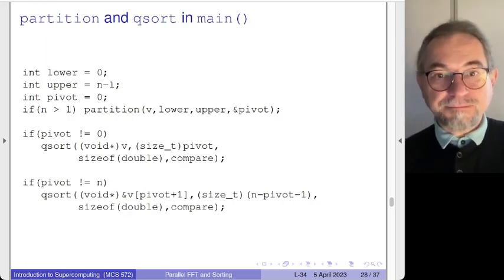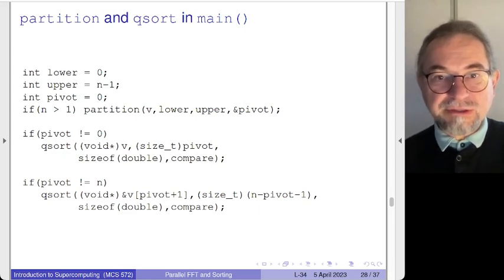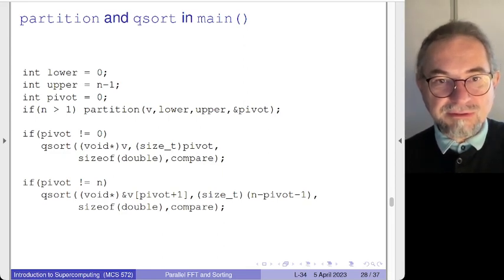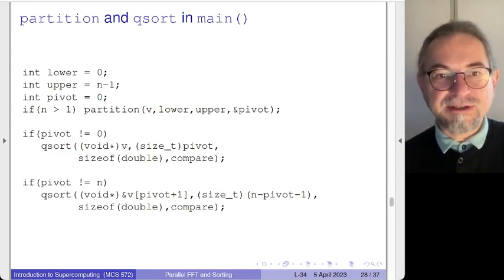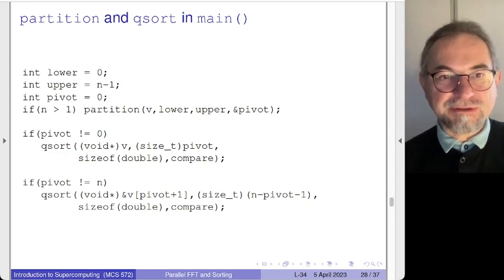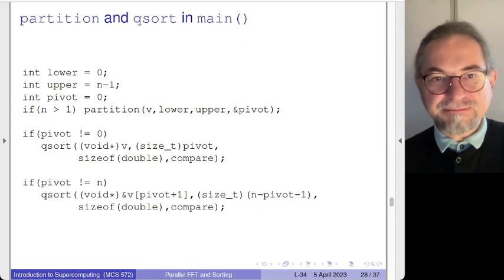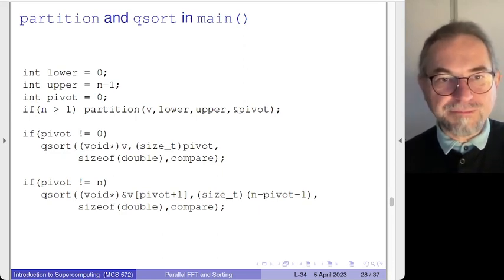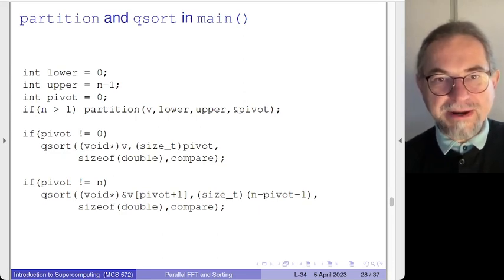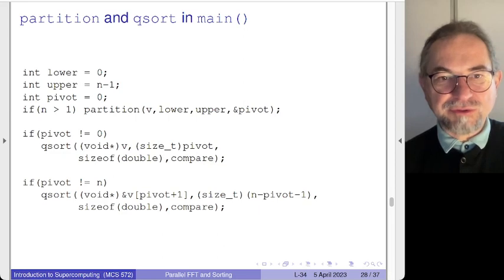Okay, this is a do-it-yourself programming. Here I am using the quicksort that is built in. I'm doing the partitioning with the code, but from the qsort by using the void, using the compare operation, and then also the size_t.